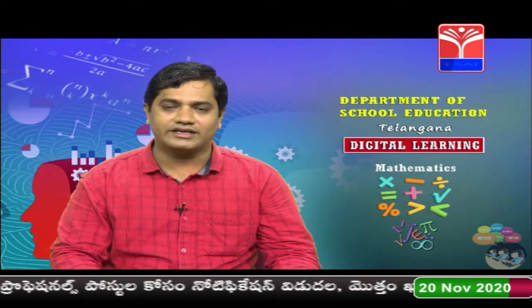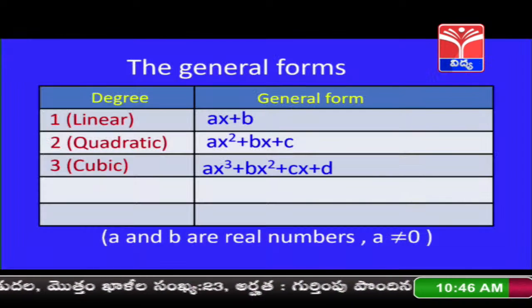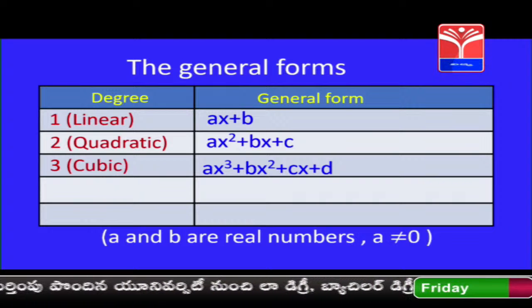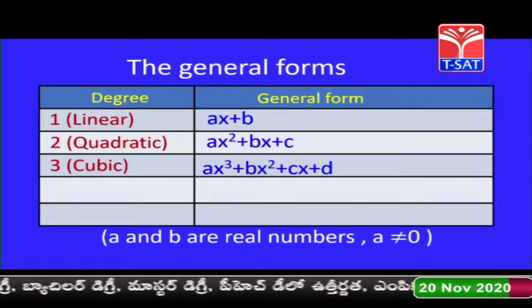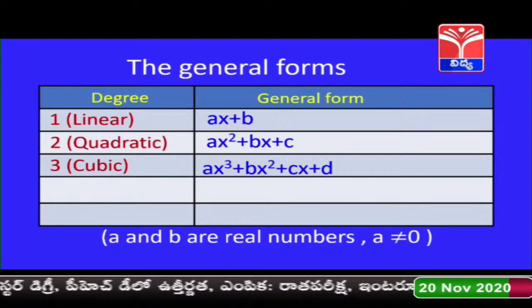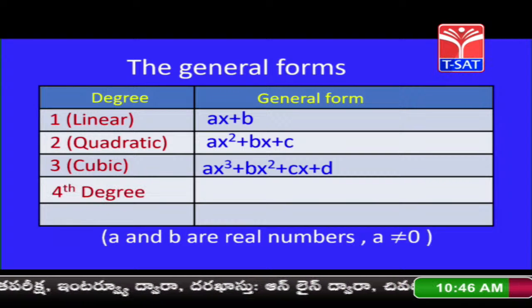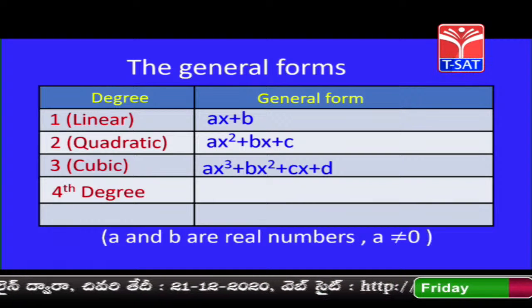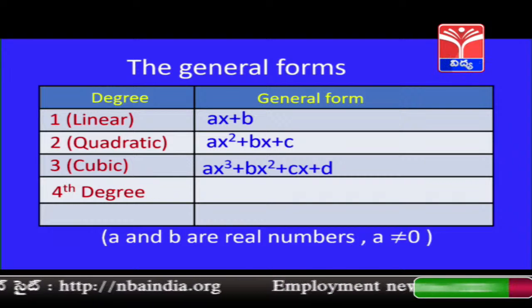And try to write the general form of a cubic polynomial, ax cube plus bx square plus cx plus d. How many number of terms does it have? 4. And in the general form of quadratic, how many terms are there? 3 terms are there. If you want to write the fourth degree general form, how many terms can we write maximum? Okay, yes, 5.